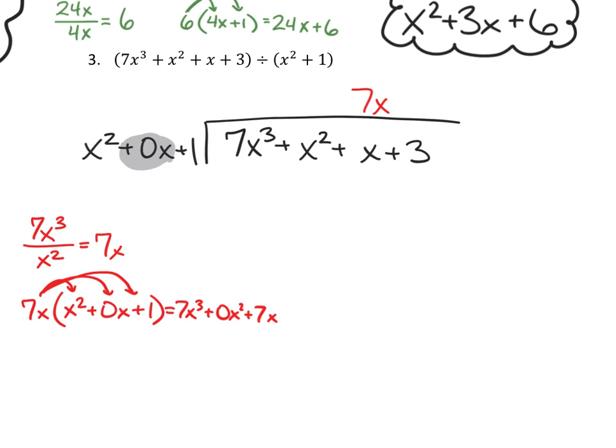Making sure, again, that your powers go in order, 3, 2, 1. That's what I write down underneath. 7x cubed plus 0x squared plus 7x. We have divided, we've multiplied. What's the next step?